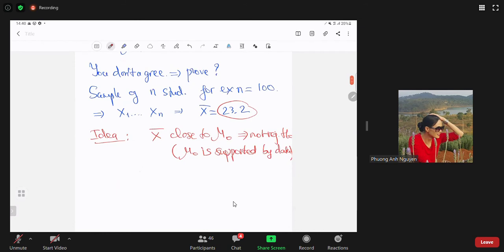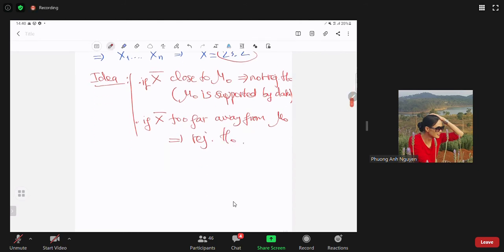And if x bar is too far away from mu zero, in this case you can reject H0.